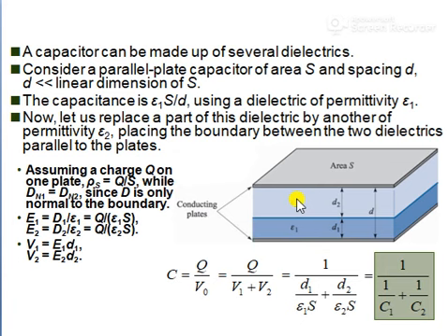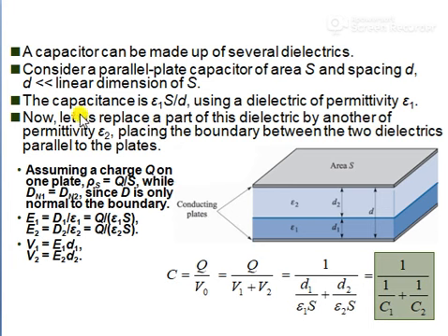D is the distance between the two plates, D1 and D2 separate epsilon 1 and epsilon 2, and these two are conducting plates.